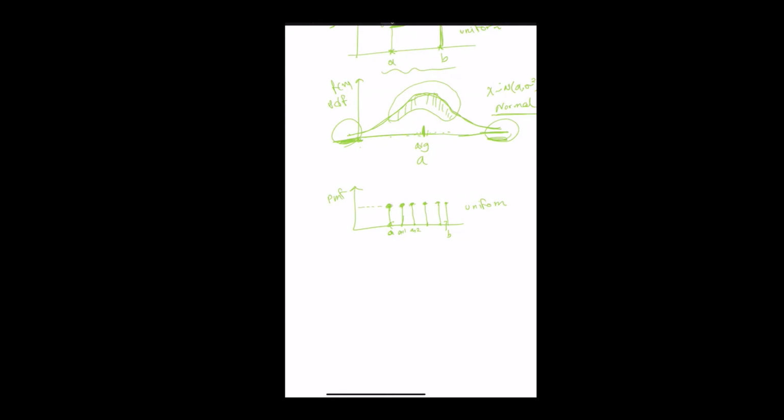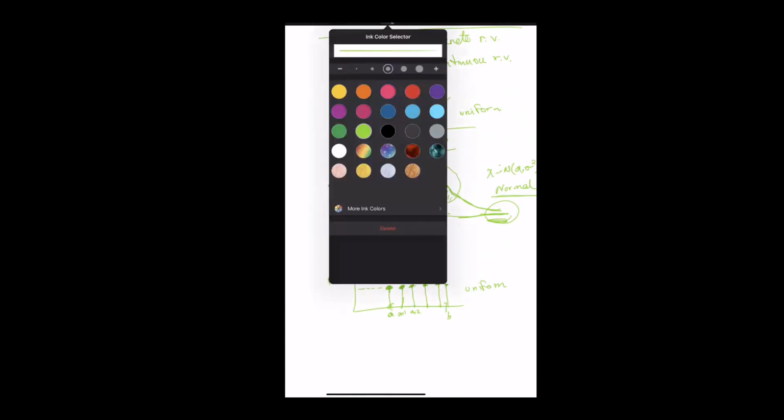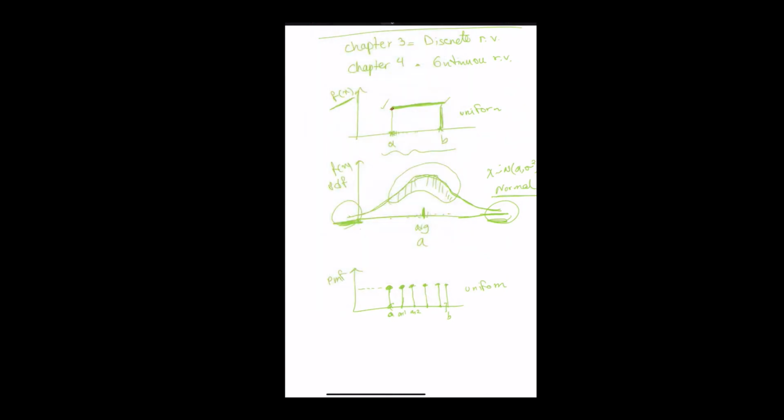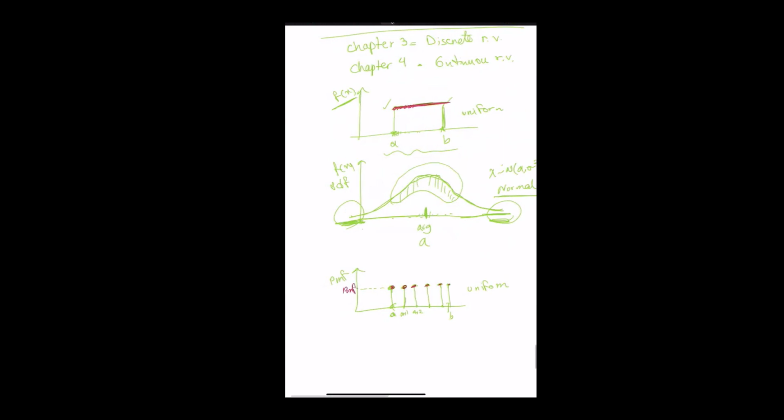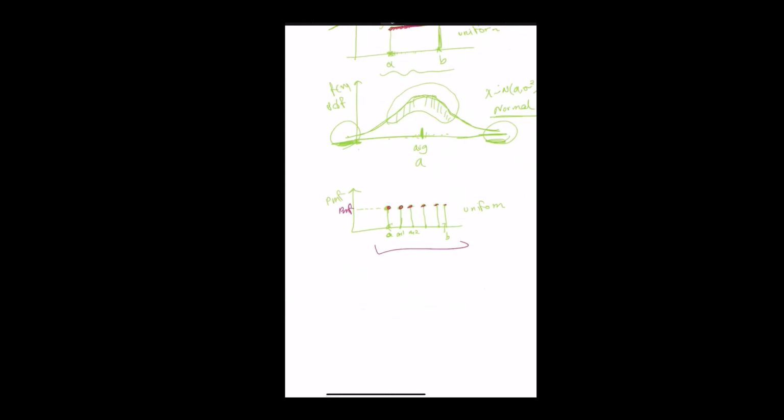But for a continuous random variable, since between A and B there are infinite numbers, if you want to specify this for all of these infinite values, it's going to be a line as opposed to these dots, which are the probability mass function for a uniformly discrete random variable.